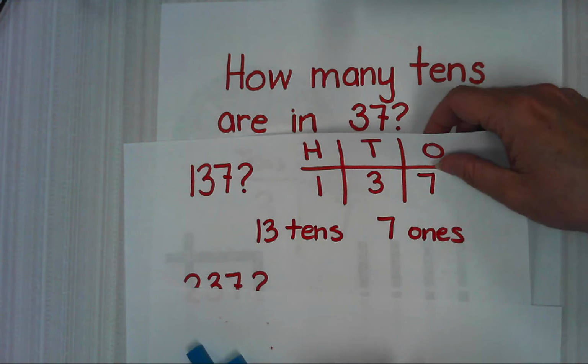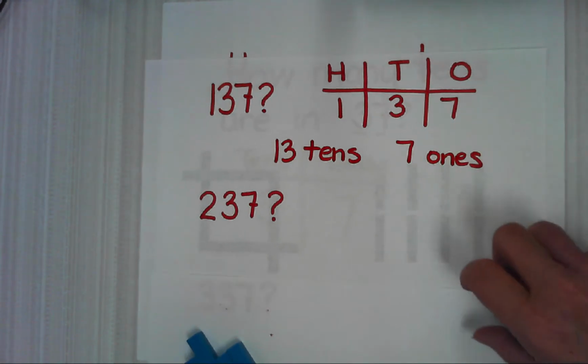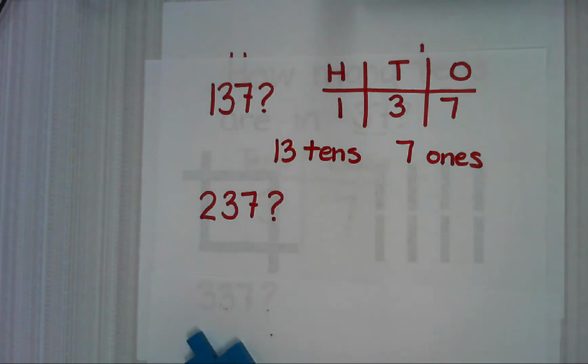All right, I would like you to try another one. How many tens and ones are in 237? Okay, let's work it together and see if I got the same thing that you get.